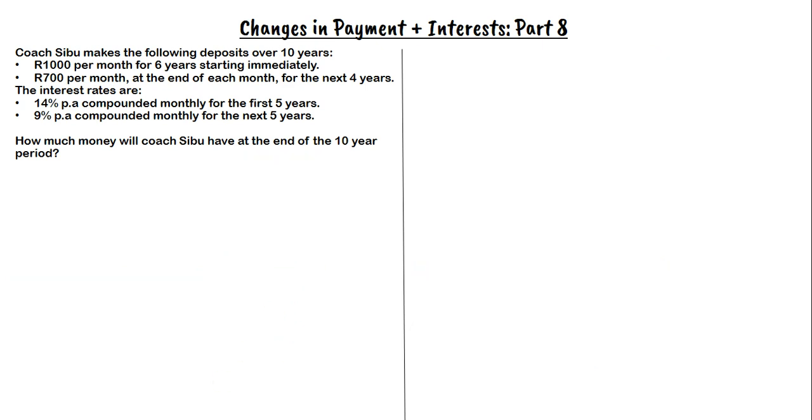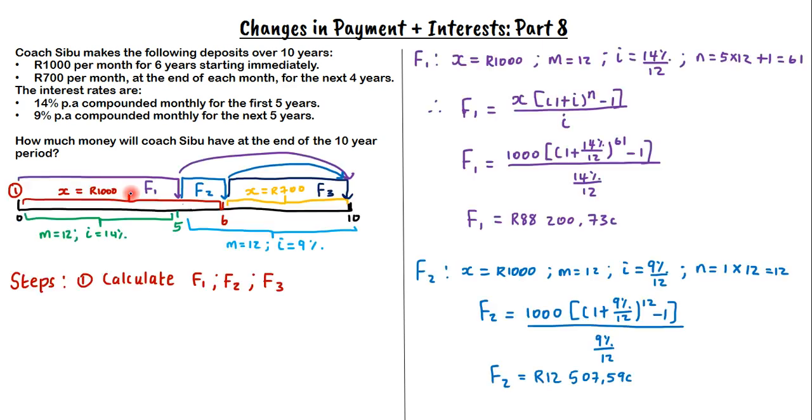Let's look at the third future value. The color for that is this one. For the third future value, we see here X is 700 Rand. That's what disrupted the previous future value, that change in deposits.